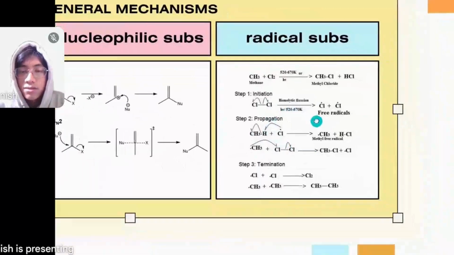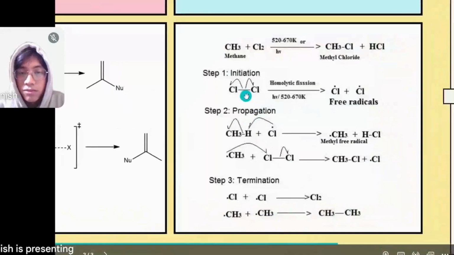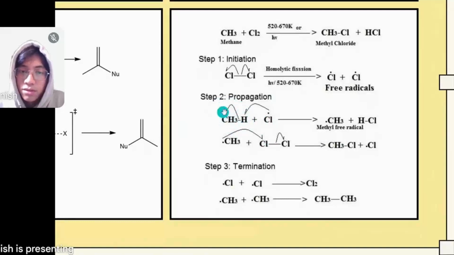In radical substitution, we usually have a compound that needs an initiation process. In the initiation process, they will form free radicals. As you can see, for the chlorine molecule here, one electron will go to each chlorine, forming a free radical. Then in step 2, we use the compound that will react with the radical.